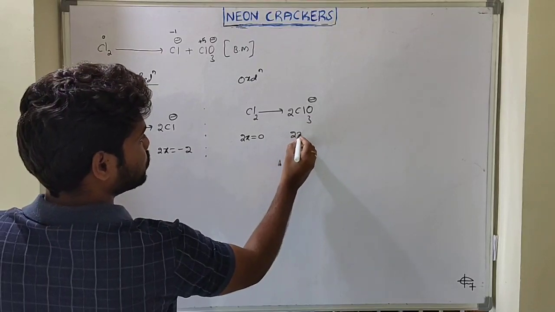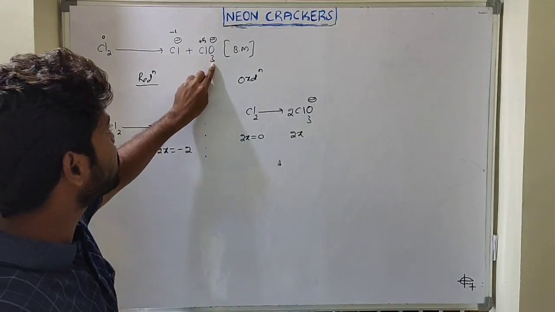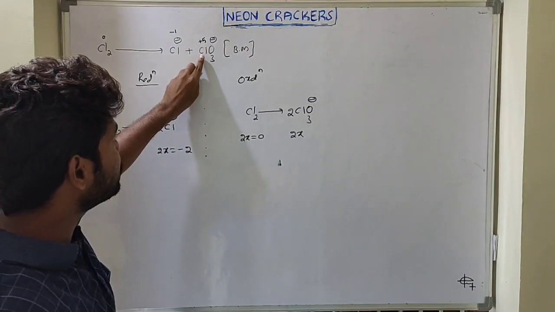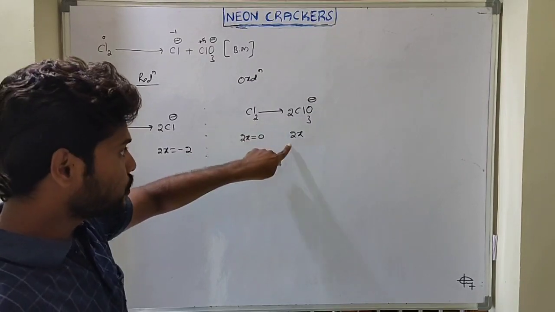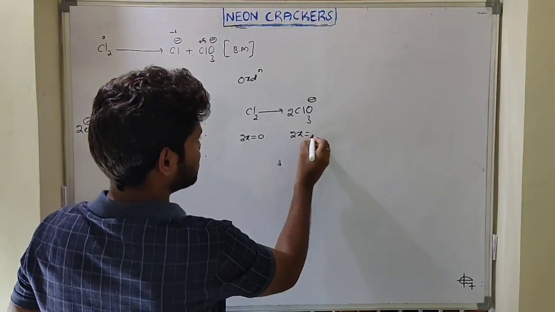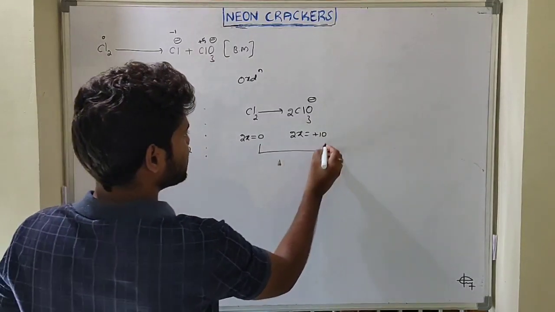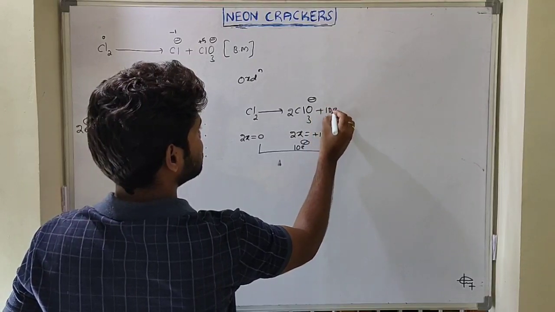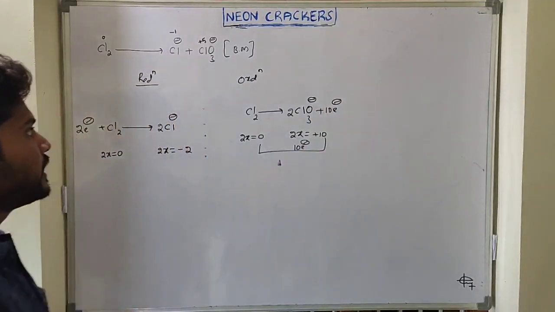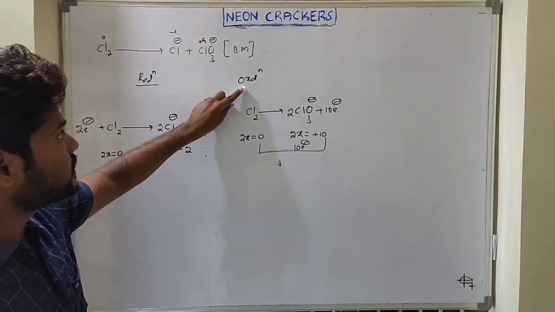For one ion, x equals +5, but we are taking 2 ions, so 2x equals +10. 0 to +10, so the difference is 10 electrons, which we have to add to the higher oxidation side. So 10 electrons are removed.